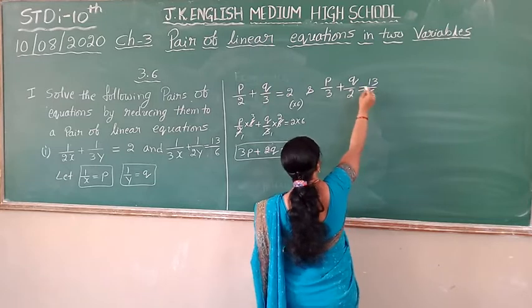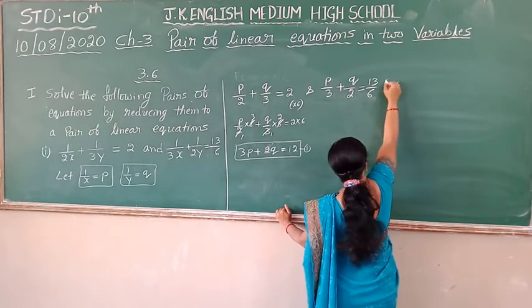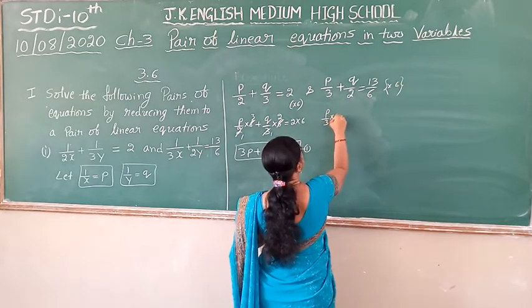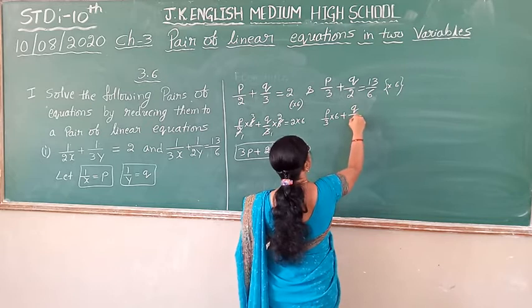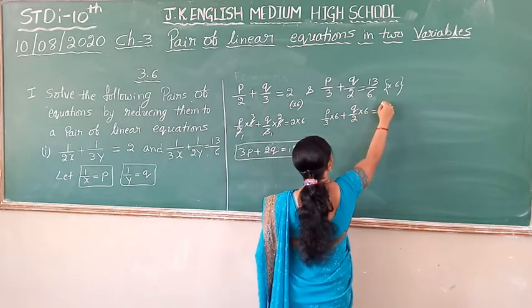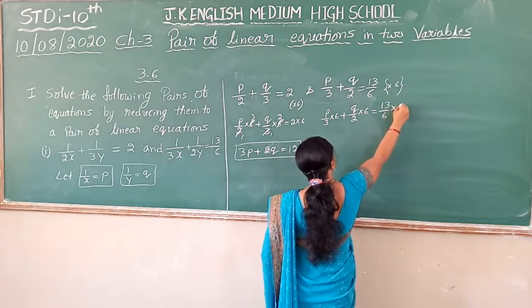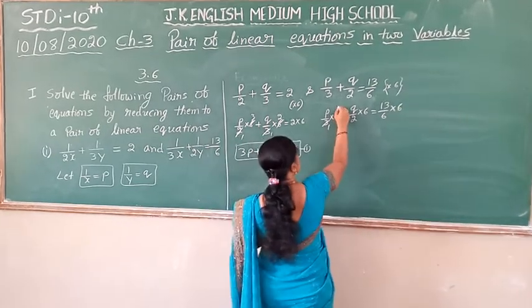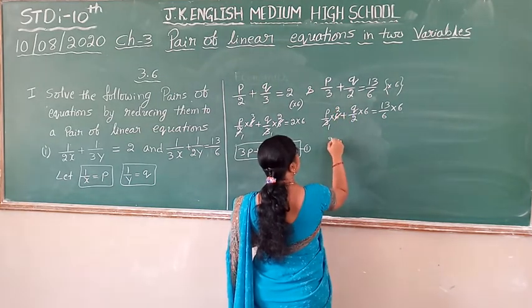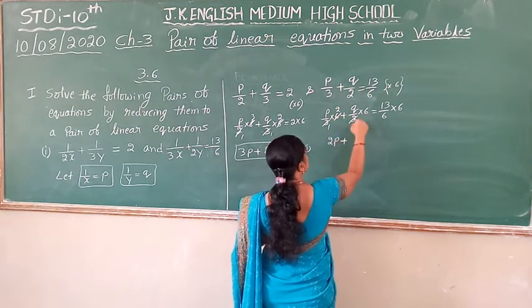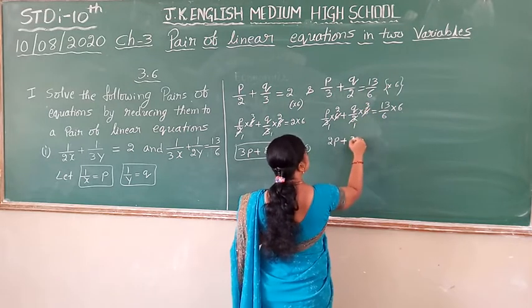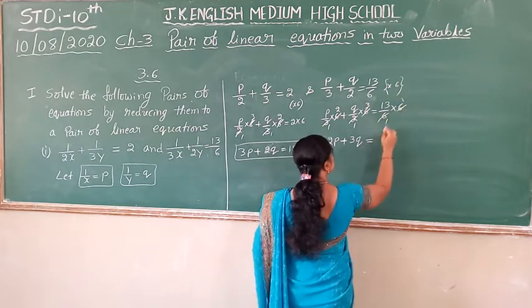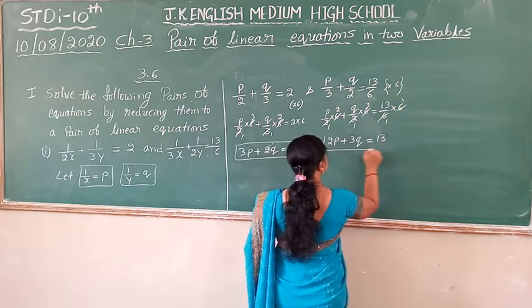So I will multiply all three terms by 6: p by 3 into 6 plus q by 2 into 6 is equal to 13 by 6 into 6. 3 ones are 3, 2 is 2p. 2 ones are 2, 3 is 3q. 6 ones are 6, 13 ones are 13, so 13.